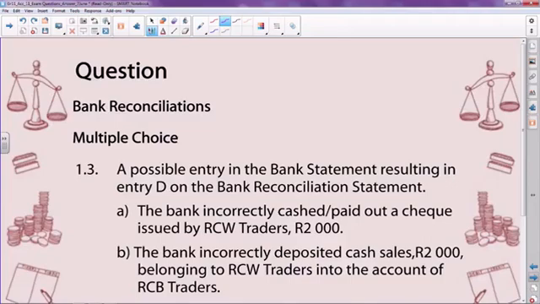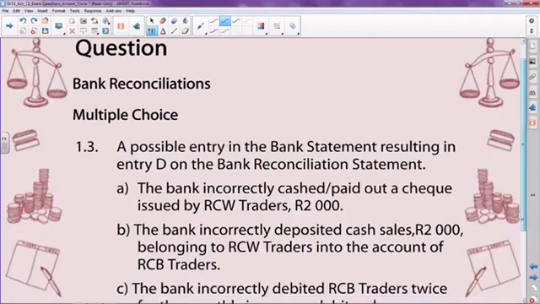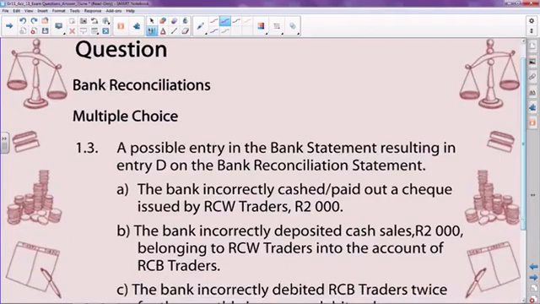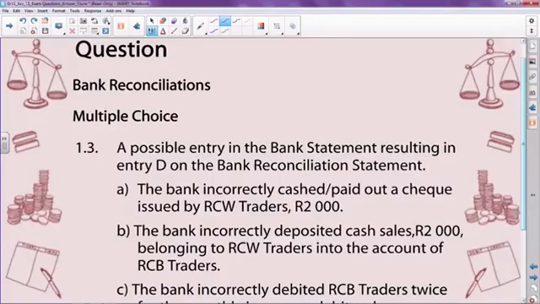Next question, our third multiple choice question. This time around, guys, I'm going to read the question and then give you some time to figure out which is the correct alternative. Okay, so here goes. 1.3, a possible entry in the bank statement resulting in entry D on the bank reconciliation statement.